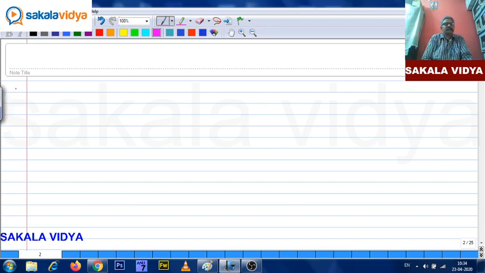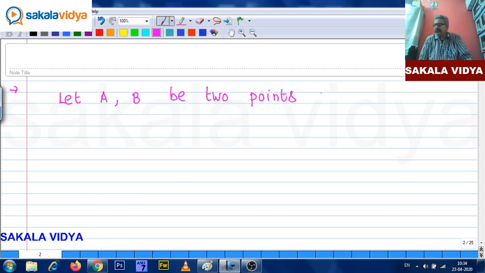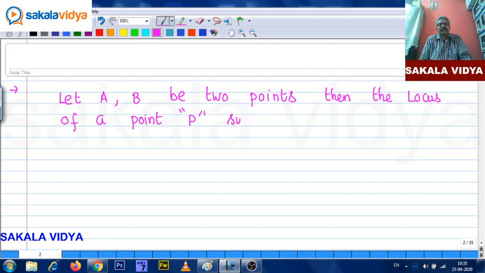Next point, let A, B be two points, then the locus of a point P such that mod of PA minus PB equals k.